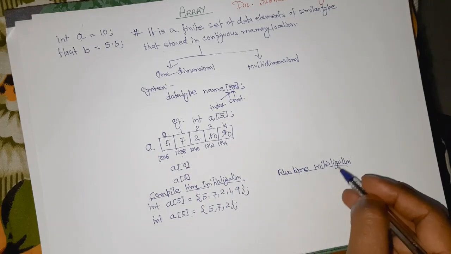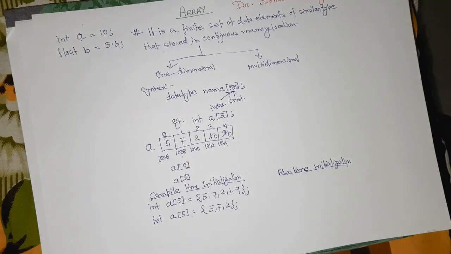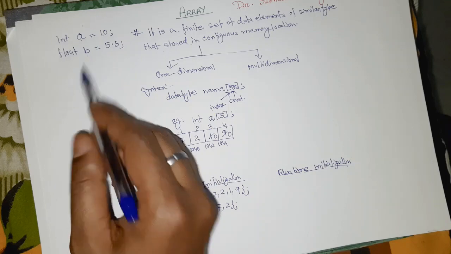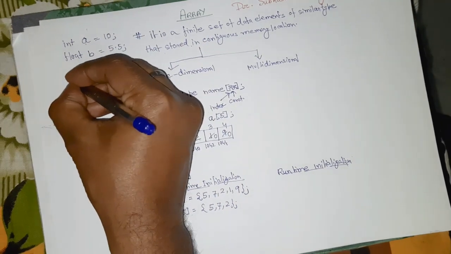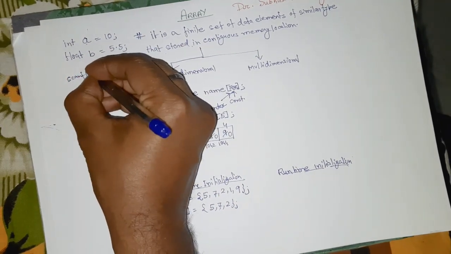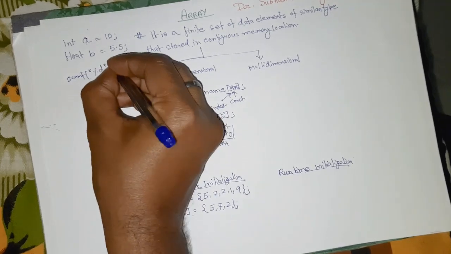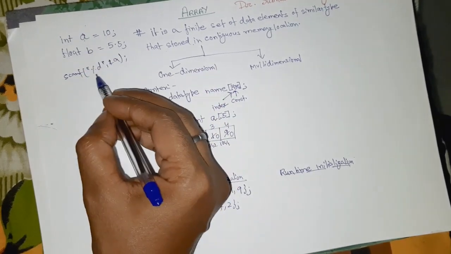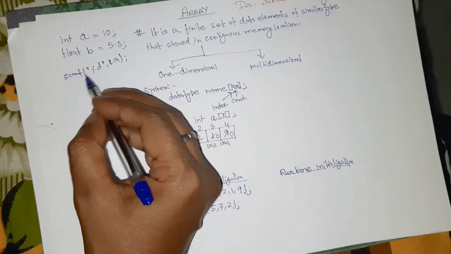Similarly, runtime initialization can also be performed in an array. As with normal variables, for runtime initialization we have used scanf of %d. Here we have to store an integer type data element, that's why it is %d, and we have to use scanf.